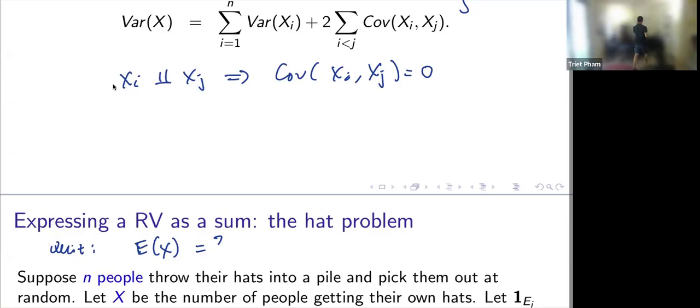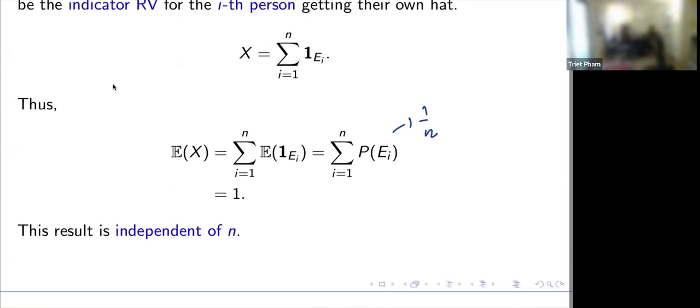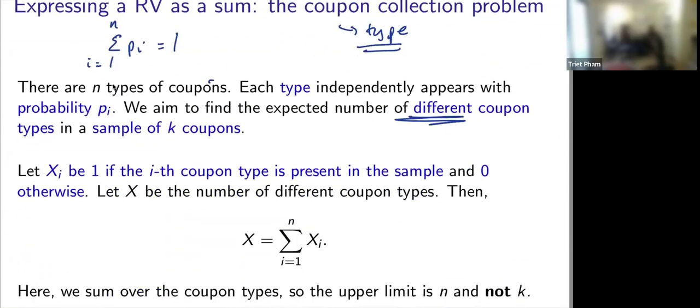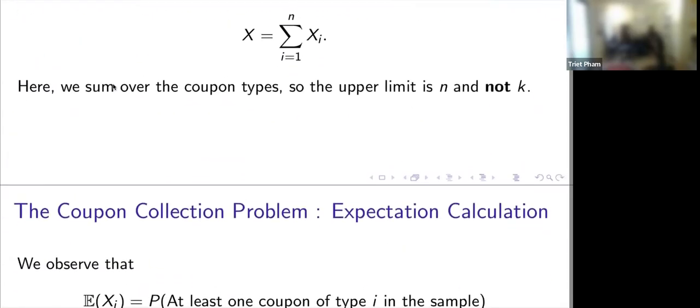Is there any question before we continue? Okay, so to continue with the question that we were doing.